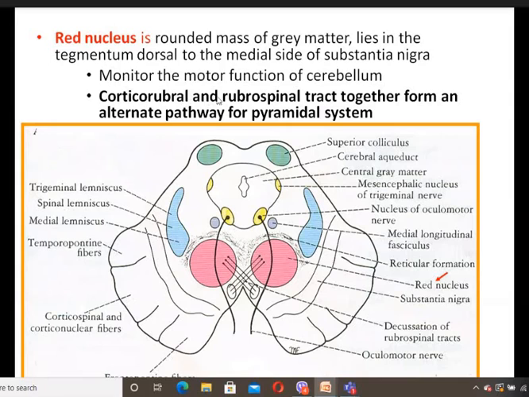Rubral means the red area, which is common, that is why it is similar to the corticospinal tract. Important for MCQs: the alternate pathway of the pyramidal system is known as the corticorubral and rubrospinal tract.